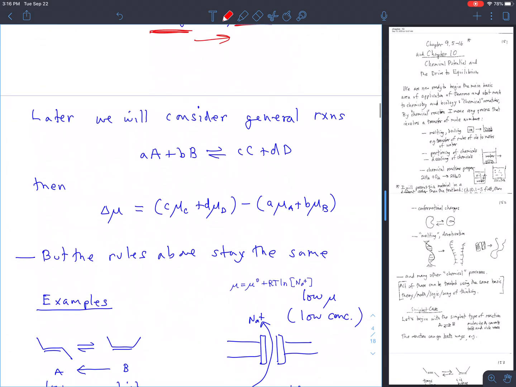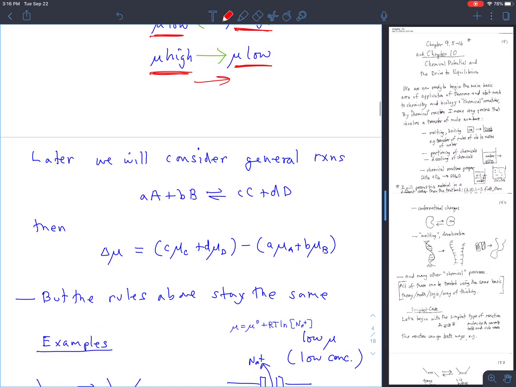All right. As I said, so far we're considering only the simplest cases. A goes to B. But of course, we're eventually going to want to consider much more complicated chemical reactions of any complexity, in fact. And so here's sort of the generic form for a complex chemical reaction.